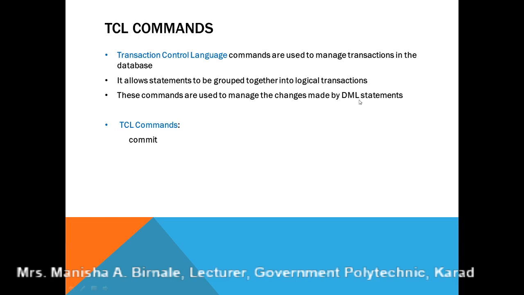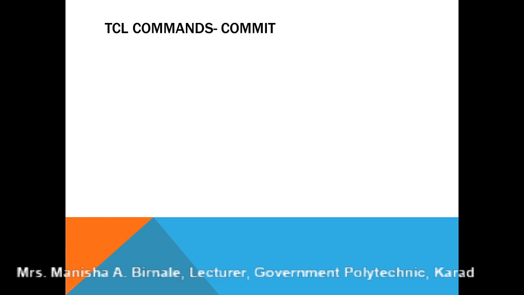So we are going to see these TCL commands. First is commit, second savepoint, third command is rollback. So let us see about commit. This commit command saves all the work done.